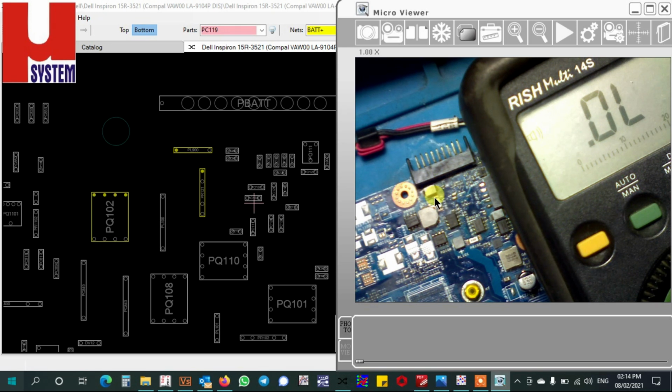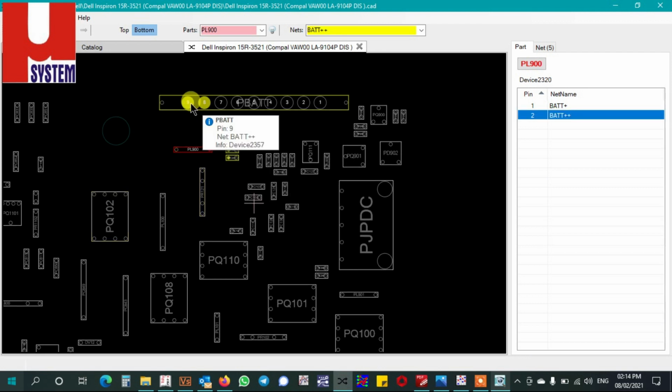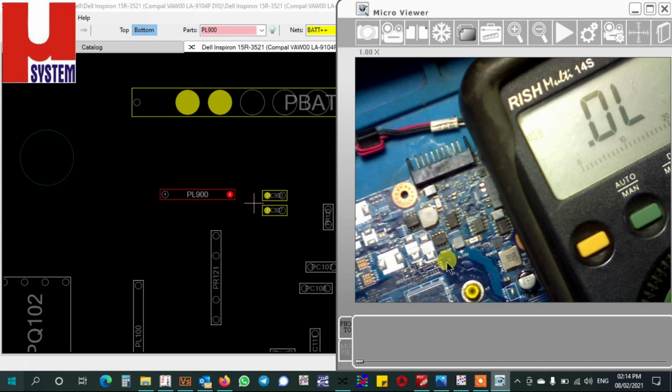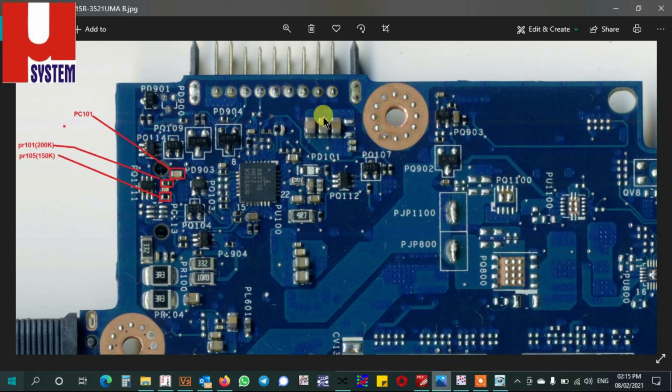This is the coil, which is over here, and this coil is getting connected to battery pin number 8 and 9, which is connected to this pin number 8 and 9. This is the back side of the motherboard. As you can see in my picture also, this is the back side. These things are connected over here. Here 4 PF are there.